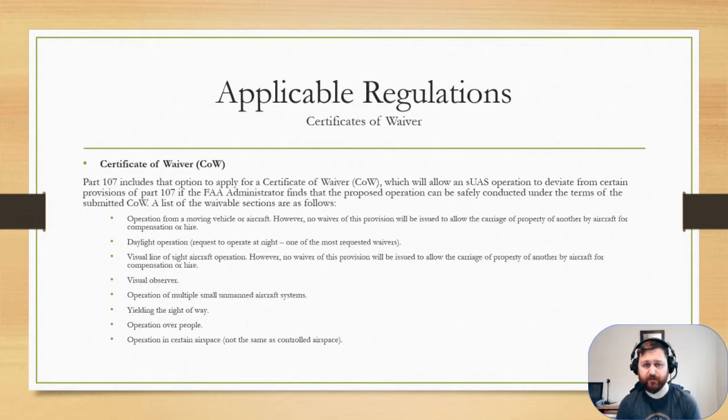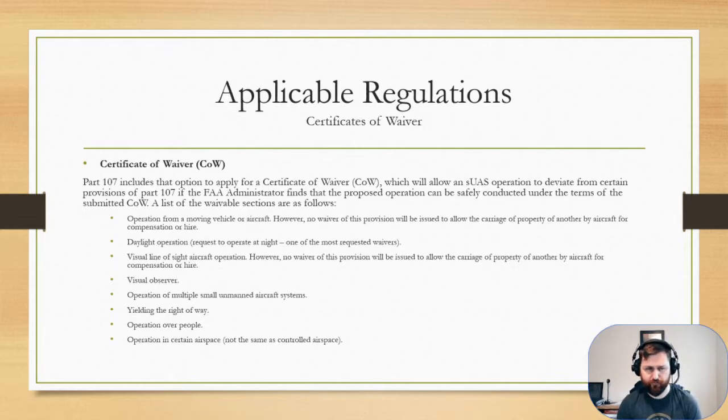Request to operate at night. That's also probably one of the most common waivers that you'll see. Visual line of sight aircraft operation, but no waiver of this provision will be issued to allow the carrying of property of another by aircraft for compensation or hire.